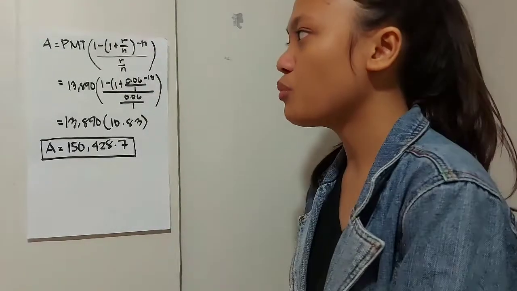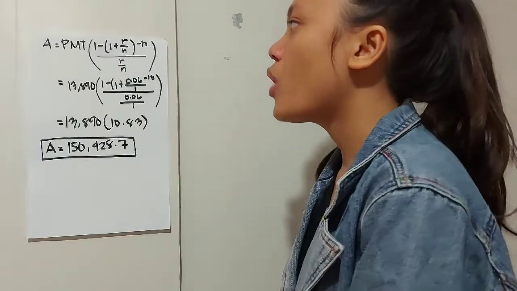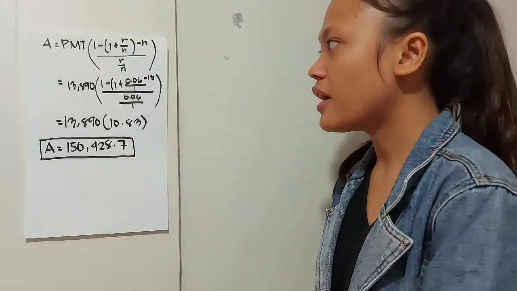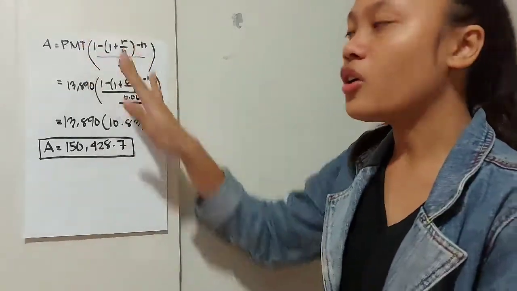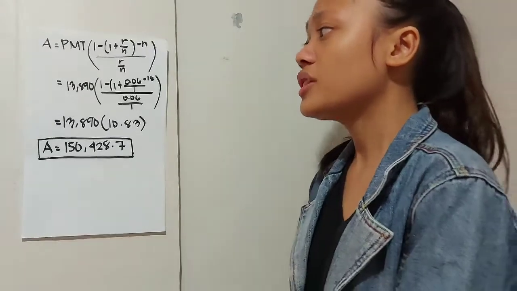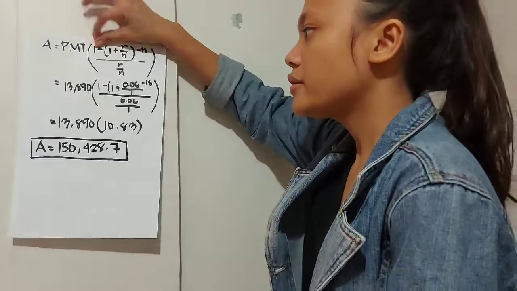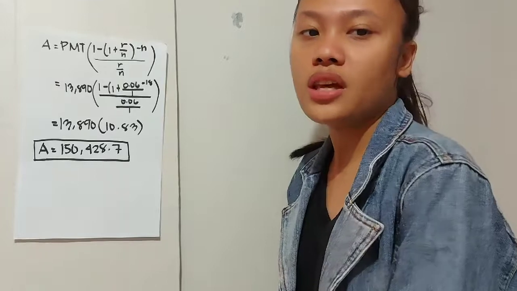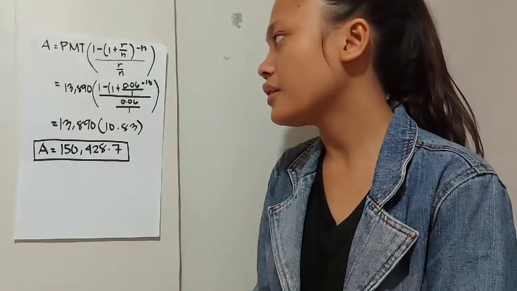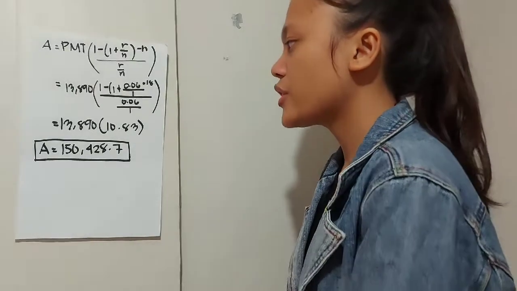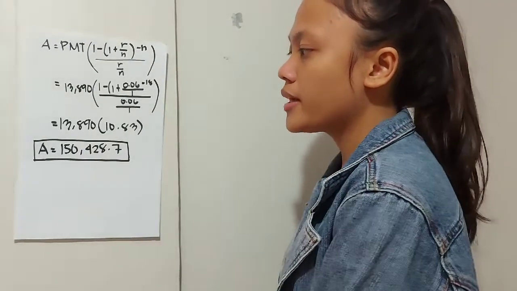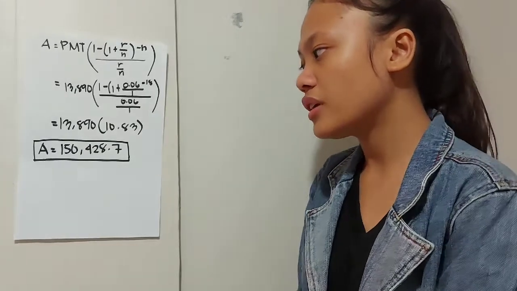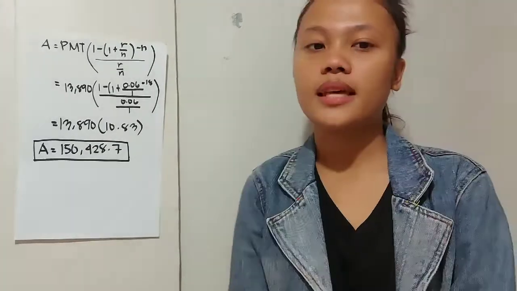So, we are going to use the formula A is equal to PMT times 1 minus (1 plus R over N) to the power of negative N, over R over N, which is equal to 13,890 times 1 minus (1 plus 0.06) to the power of negative 18, over 0.06 over 1, is equal to 13,890 times 10.83, which is equal to 150,428.7.